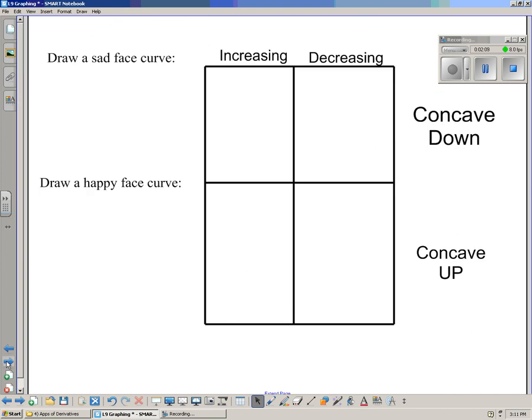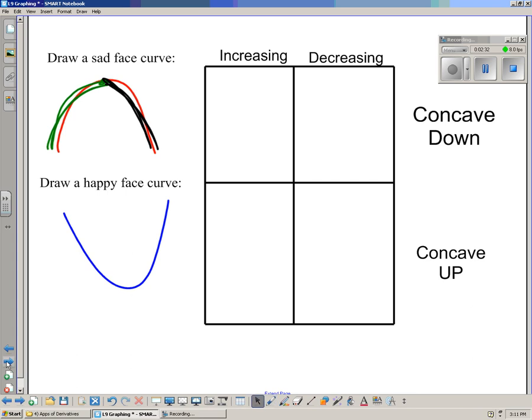So very quickly, I had the class draw a sad face curve and a happy face curve, like an upside down parabola and a right side up parabola. And then I asked the class to split this up down the middle. We have the green part and the black part.